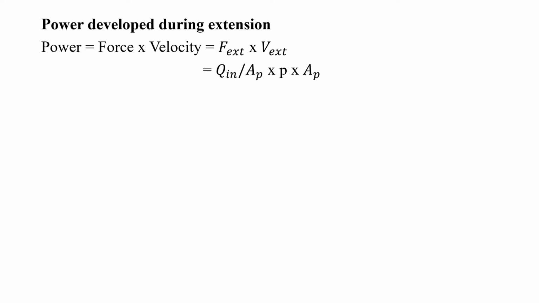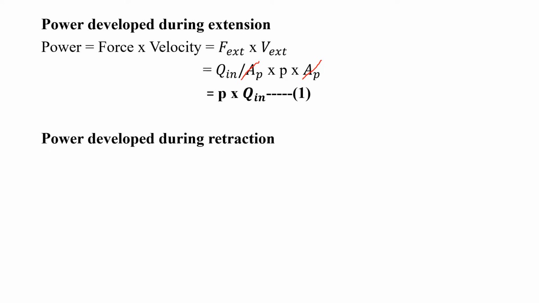Substitute these two values and simplify. The numerator AP and denominator AP get cancelled. Remaining is P into Q in. Consider this as equation number 1.